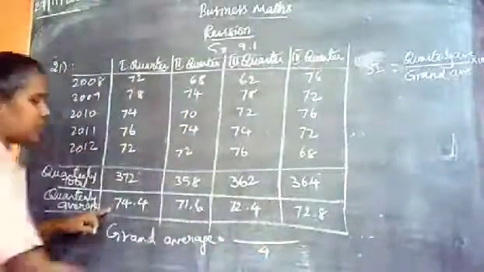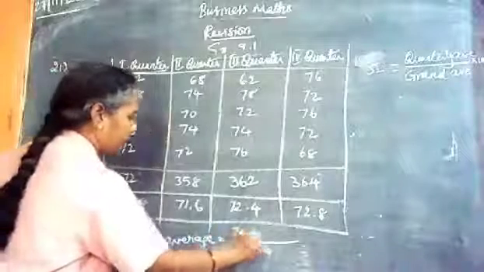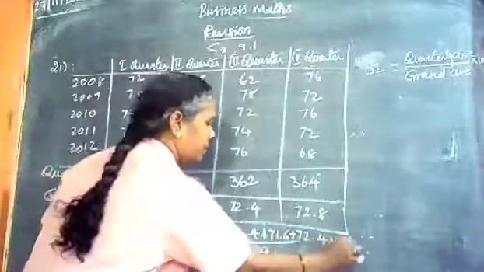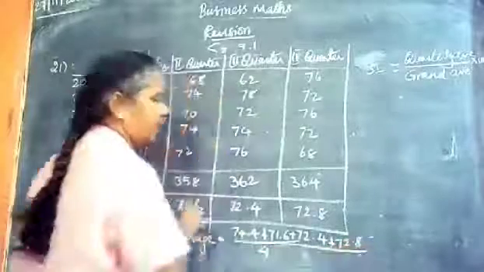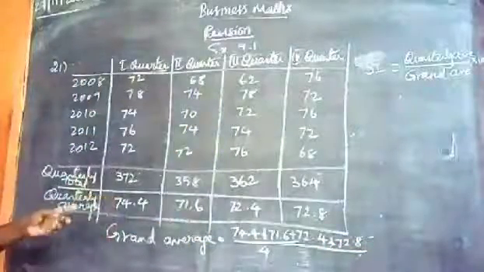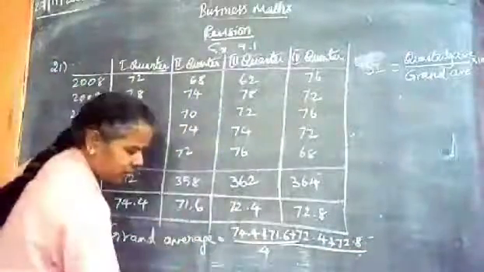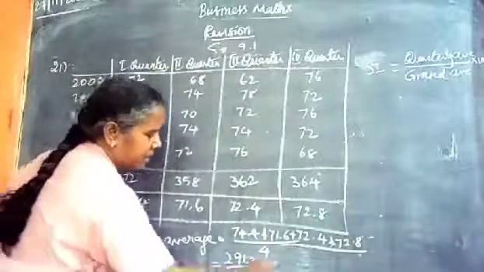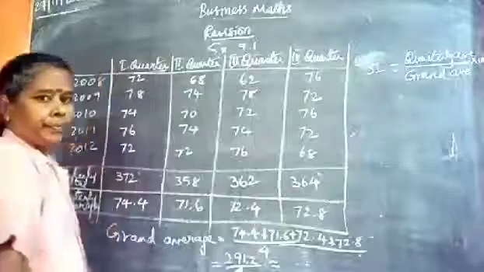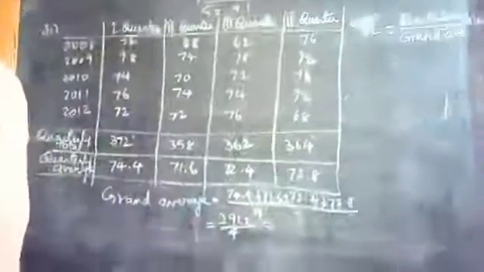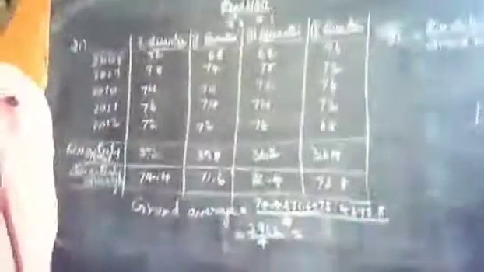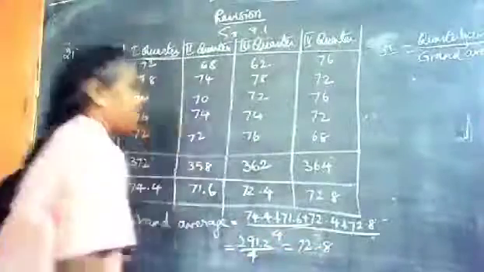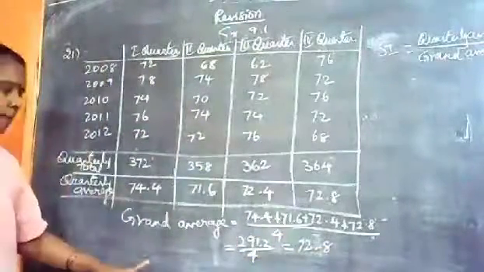The averages are 74.4 plus 71.6 plus 72.4 plus 72.8, which adds up to 291.2. 291.2 by 4, what is the answer? 72.8.